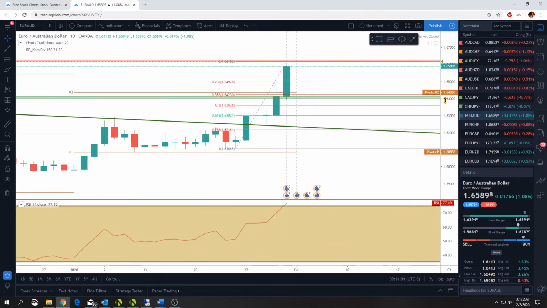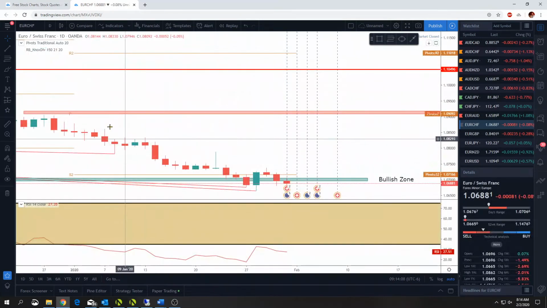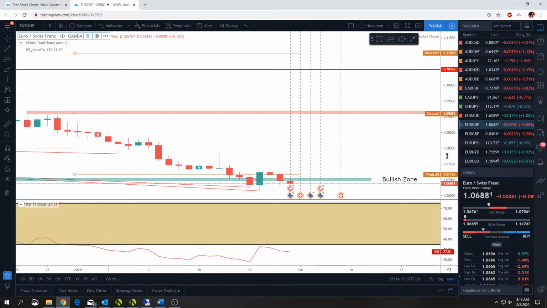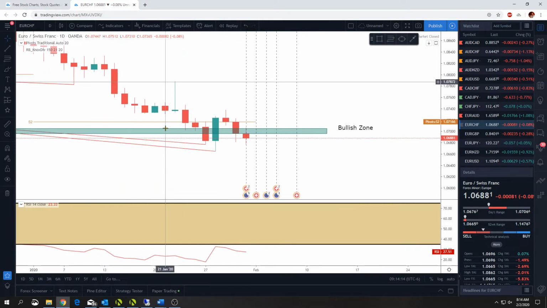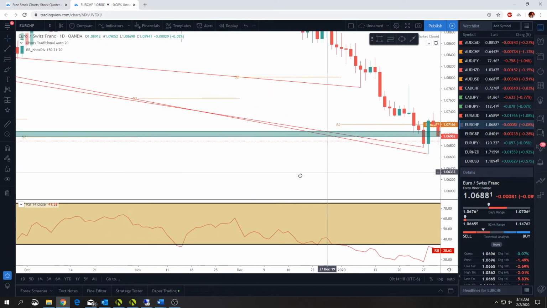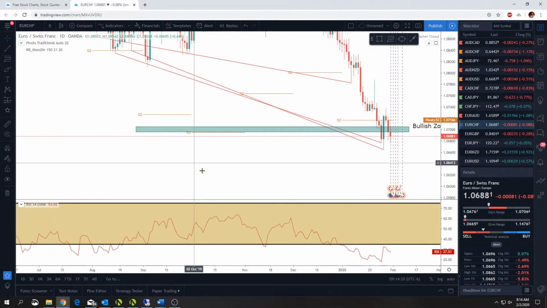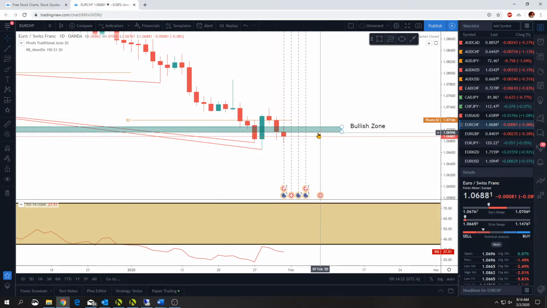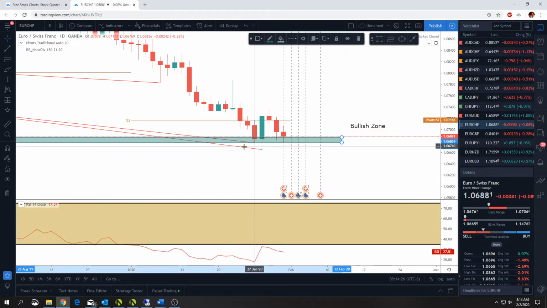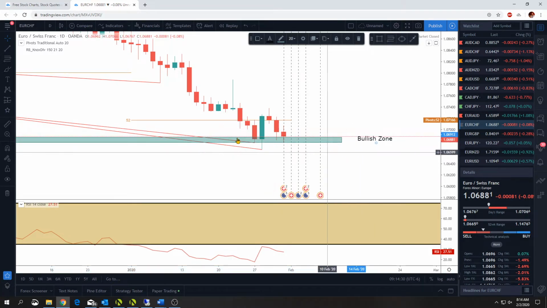All right, let's turn that one red. Euro Swiss franc. We already know the Swiss franc's been kicking ass, so let's get our chart a little bigger. We've targeted this area right here as support. We have divergence. Now that we've had a couple of last week's turnarounds, I think we're in a really good spot.